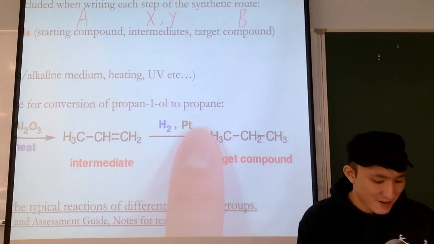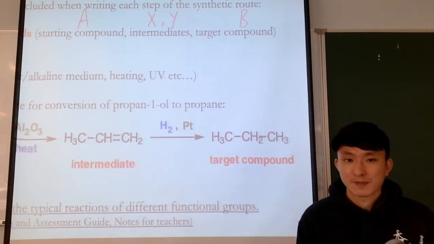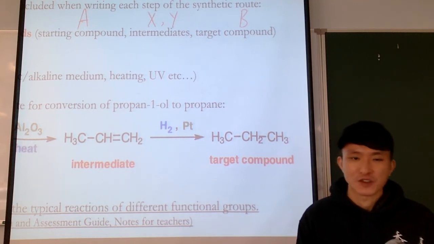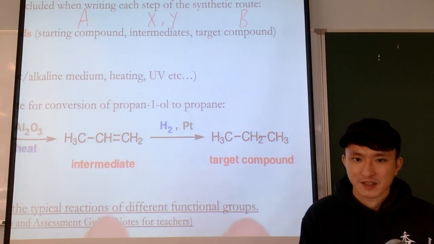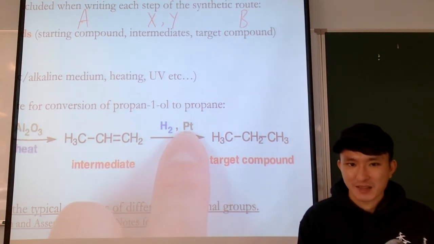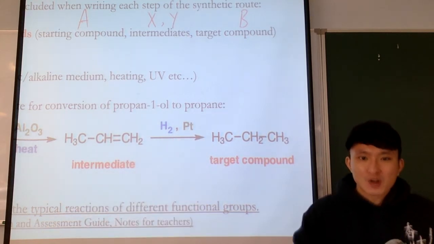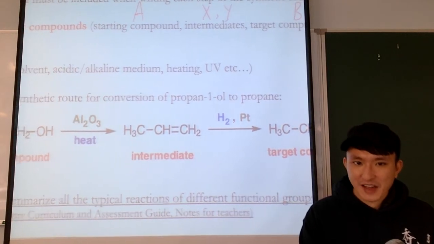And platinum here, again, is the catalyst. Okay? If you use platinum, you don't need to heat it. If you use nickel, you have to heat it to 150 degrees Celsius, okay? So that's why we need to also include the platinum. You can put it here, you can also put it at the bottom, okay? So this is how a synthetic route looks like, okay?